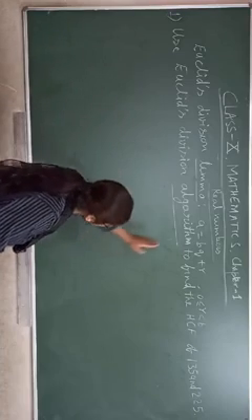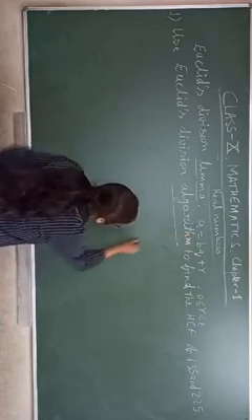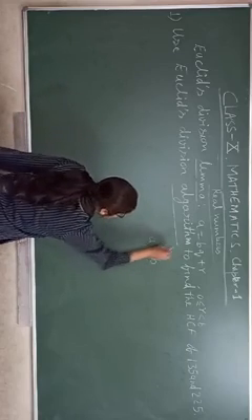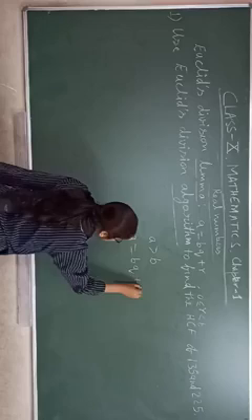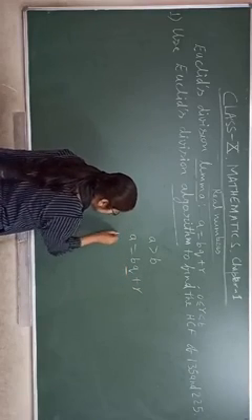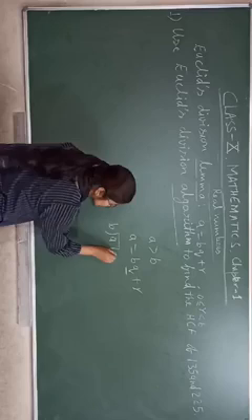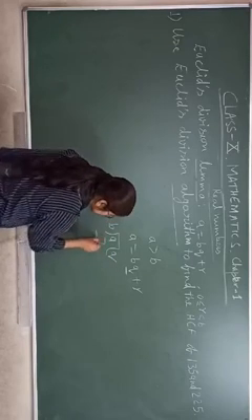In the previous video I told you, when a is greater than b, we can write a = bq + r. What is q here? When a is divided by b, you get quotient q and remainder r.